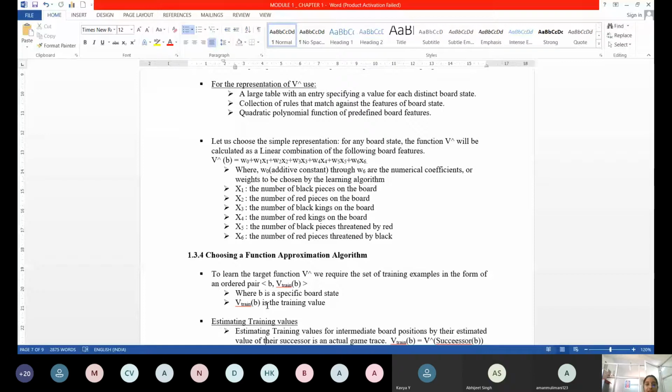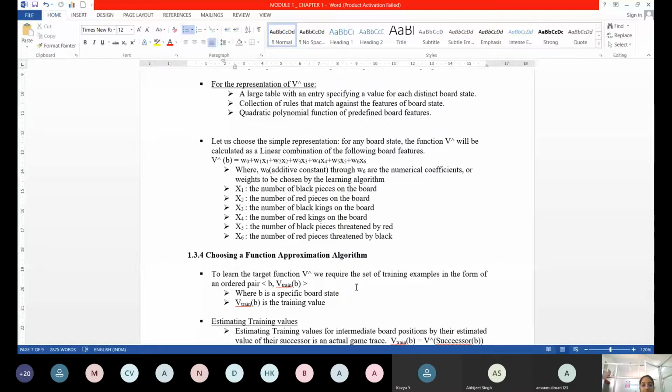So after target function, I have shown you the representation of target function also. Now, how I'm going to approximate the value based on the function approximation algorithm, right? Now, which is indicated with the target function V cap, means approximation. V approximation value is approximate value, not the exact value.